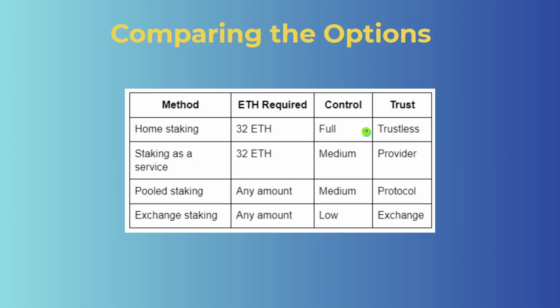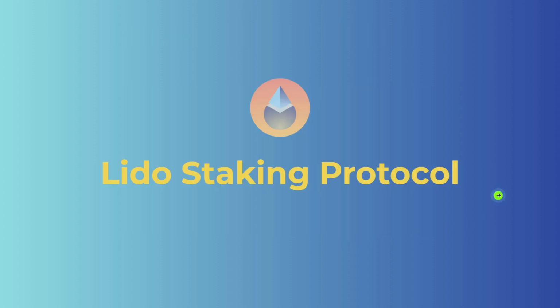The trust, in home staking, is trustless because it is our own machine and our own software running the validator. In staking as a service, we have to trust the provider. In the case of pooled staking, we can stake any amount, even less than 32 ETH. The control is medium and we need to trust the protocol, for example Lido, as we will see. In exchange staking, we can also stake any amount. We have low control, and we have to trust the exchange totally.